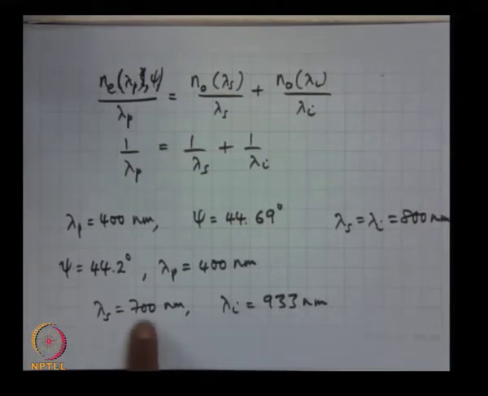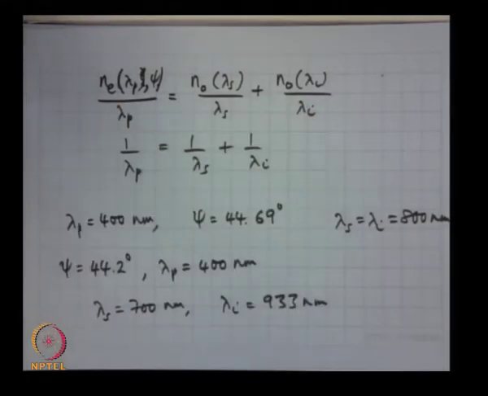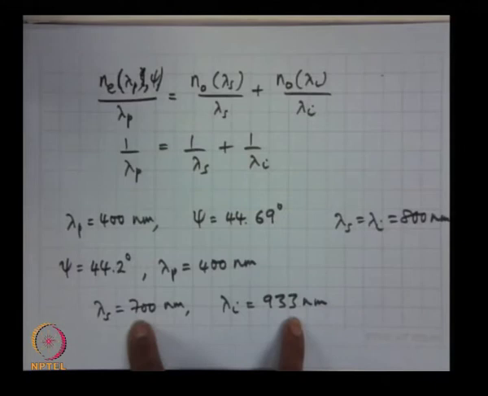It will not generate 800 nanometers now, because 800 nanometer wavelengths do not satisfy the phase matching condition for this propagation direction. There is another pair of wavelengths lambda s, lambda I which satisfies the energy conservation and momentum conservation equations, and this pair comes out to be around 700 nanometers and 933 nanometers.